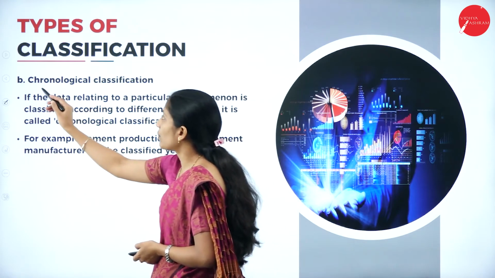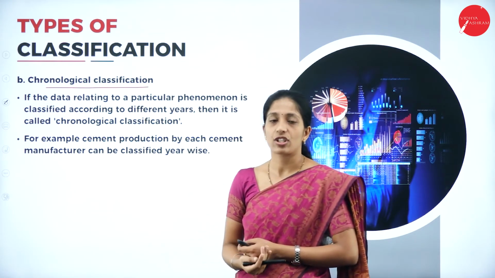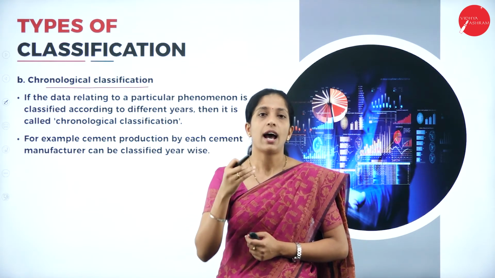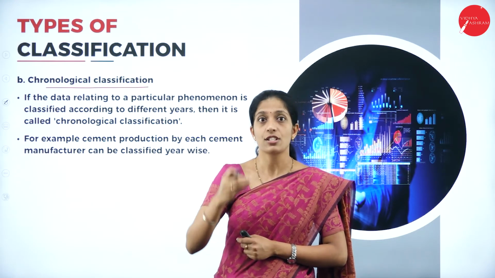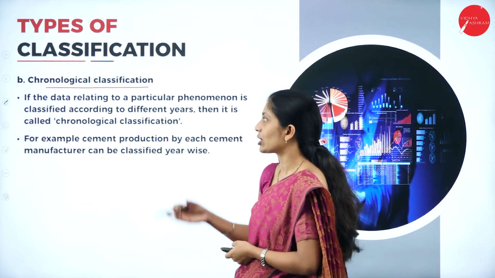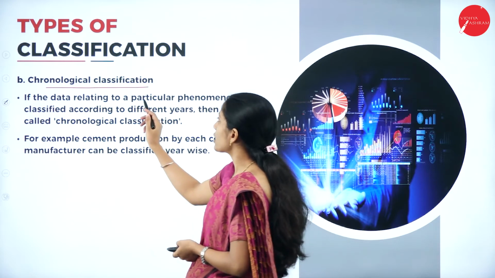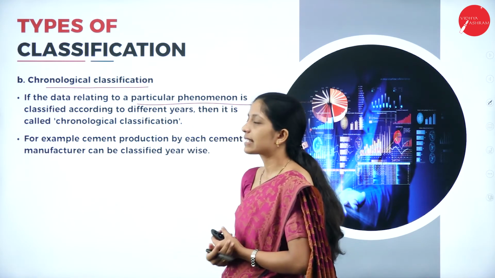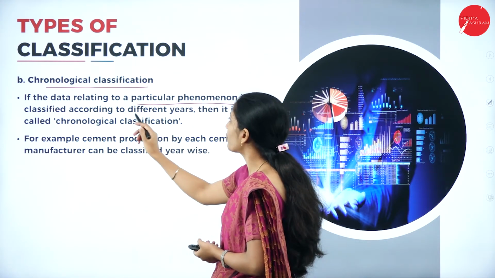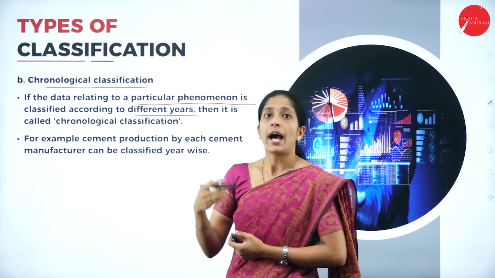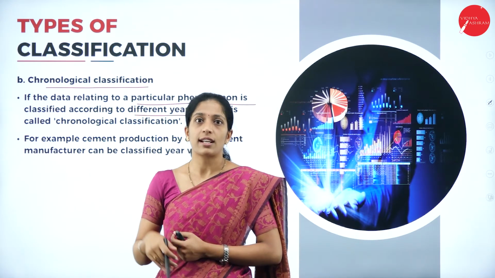Now coming to the second one, chronological classification. Based on some order, I am going to collect the data. That is chronological classification. If the data relating to a particular phenomenon is classified according to different years, I am going to collect the data based on different years.